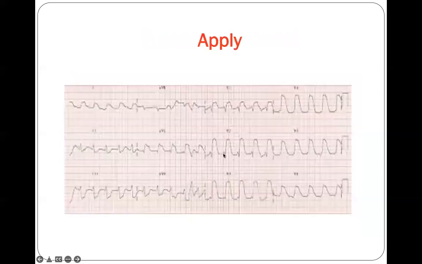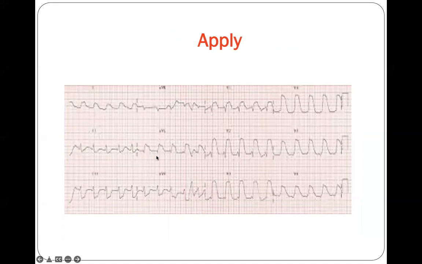If you look at this ECG, you will find a marked tombstone ST segment elevation in V1, V2, V3, V4, V5, and V6 in the septal, anterior, and the lateral leads. So this represents an extensive infarction, extensive left anterior descending artery occlusion, producing septal, anterior, and lateral infarction.